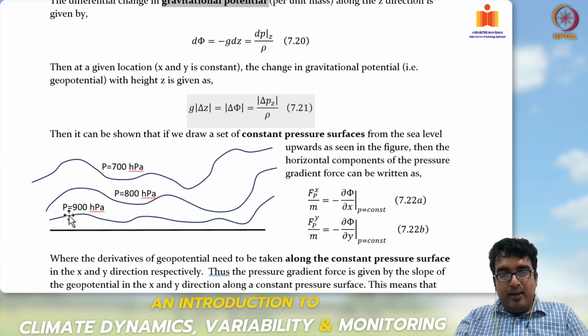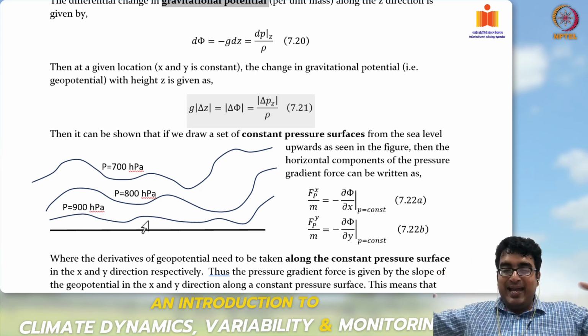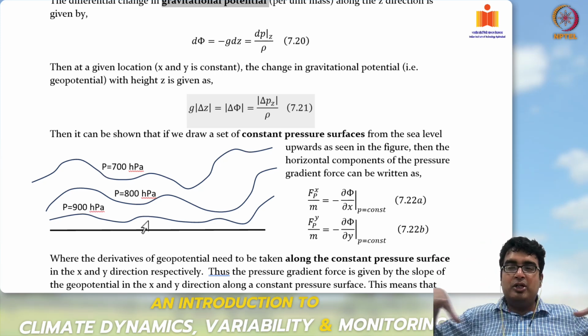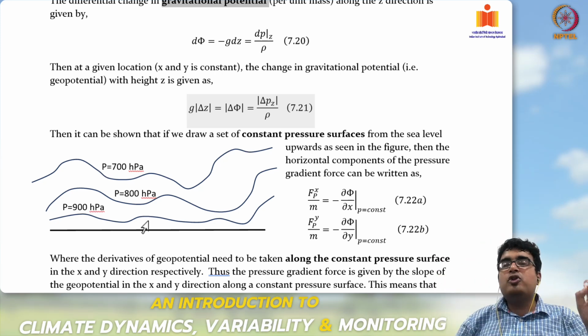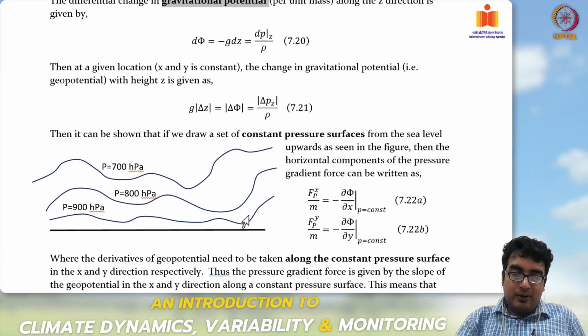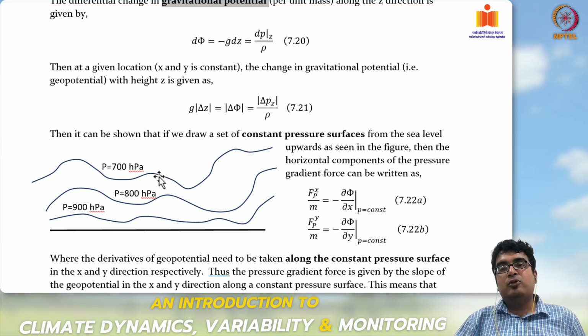So in this way, we can create a series of points along the x, that is the zonal, and the meridional direction. So we have a two-dimensional surface. All of those points have the pressure of 900 hectopascals. So that is the isopressure surface of 900 hectopascals above the ground. Similarly, 800 hectopascals above the ground, 700 hectopascals above the ground.